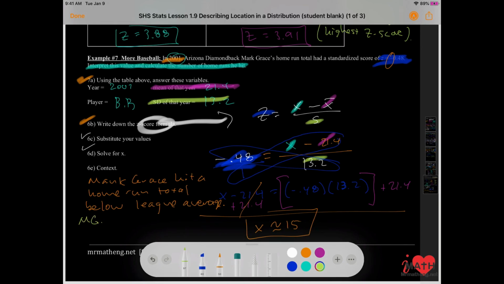Mark Grace hit approximately 15 home runs in 2001. All right, so that summarizes lesson 1.9, describe location in a distribution. See you guys.